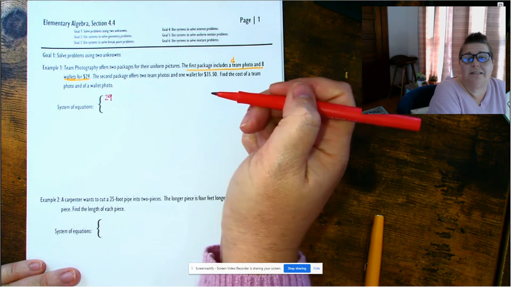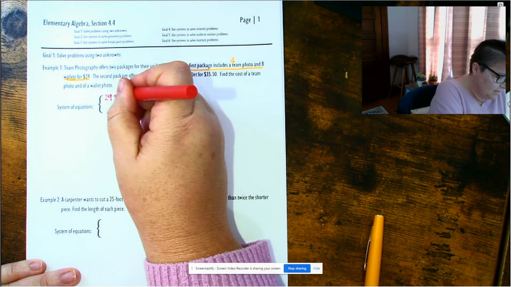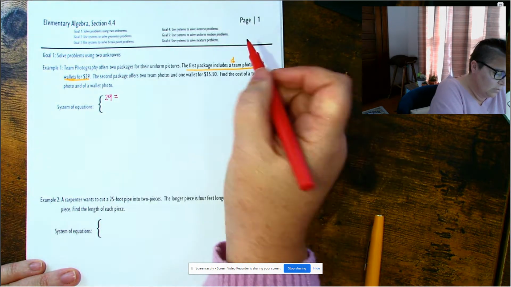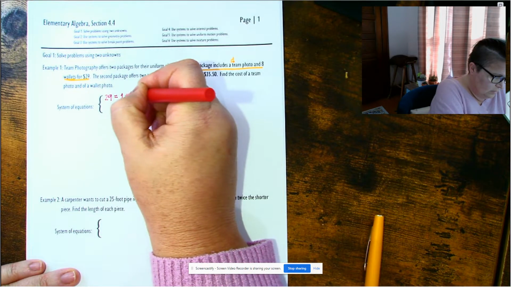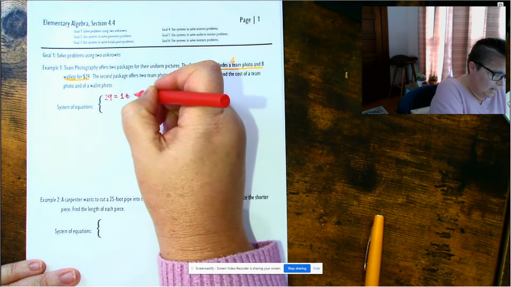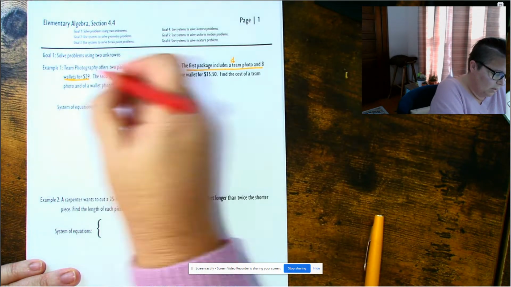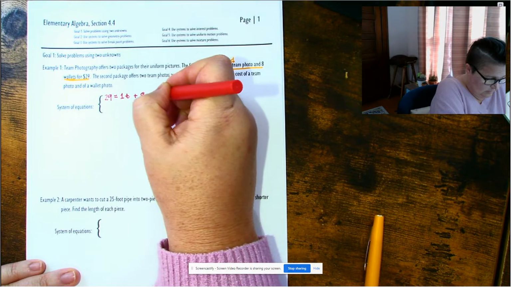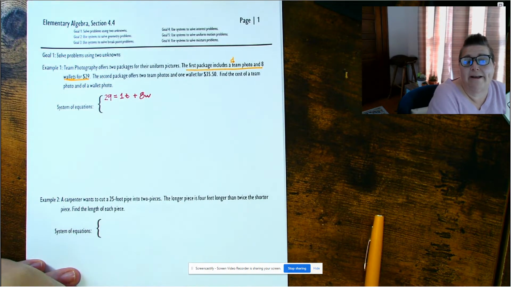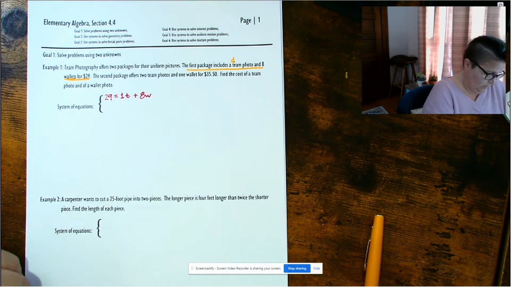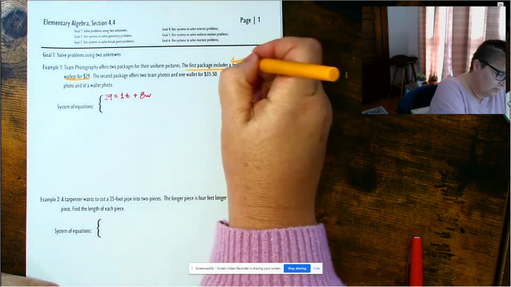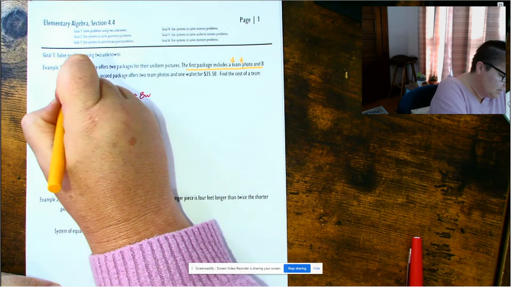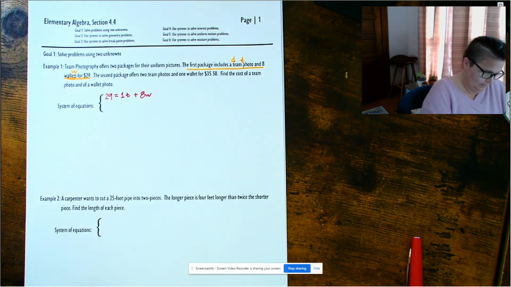And that $29 consists of or is equal to 1 team photo added to 8 wallets. So 29 is equal to 1 team photo and 8 wallets. This is my first equation. I have used T for the team photo and W for the wallets.